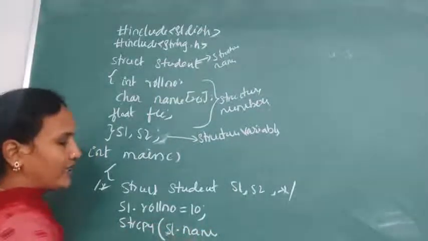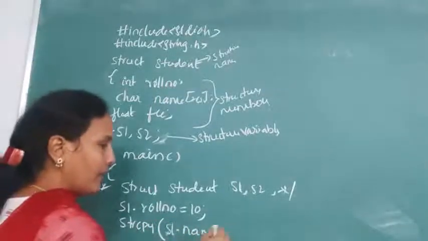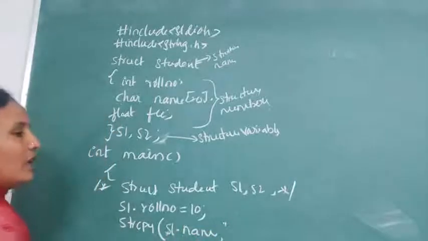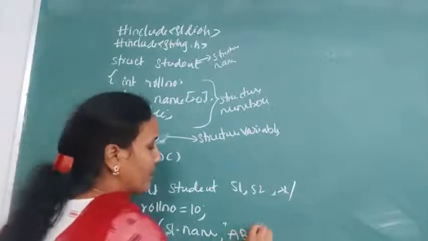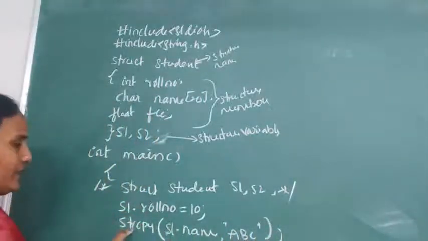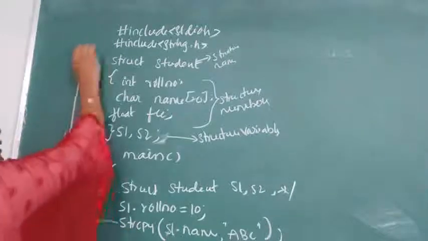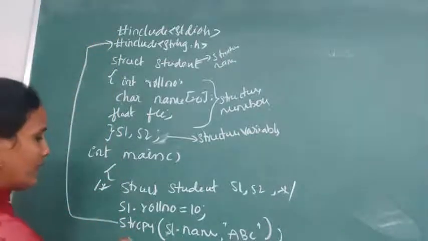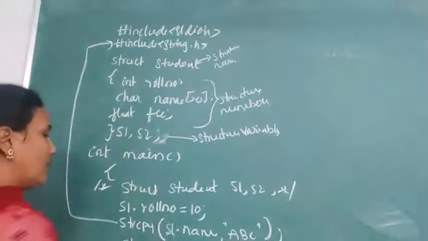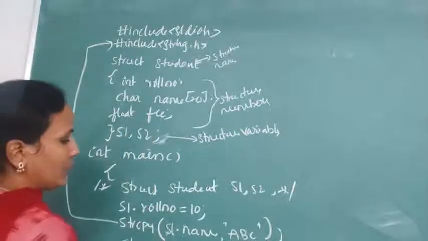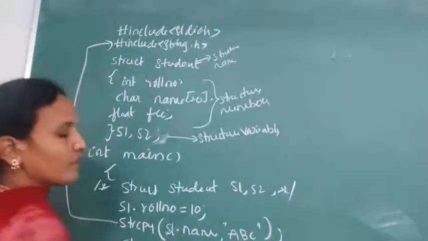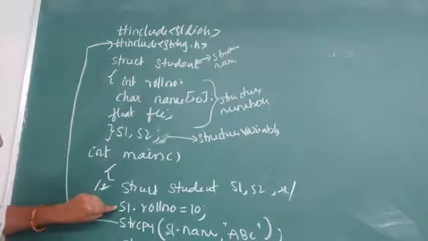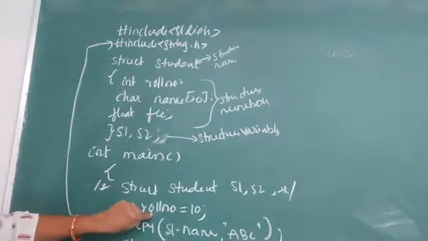This member accessing is the same. Now here, in the name I want to give ABC. This strcpy function we are getting from this header. Now the next one is S1 dot fee equals, example 10,000. So here S1 is a variable and this variable is accessing this structure member.